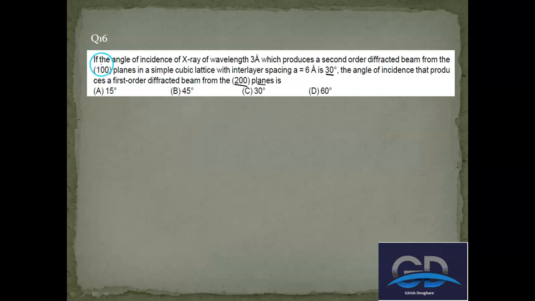So these are basically Miller indices, and Miller indices are just the reciprocal of the intercepts. So h, k, l are the reciprocals of the intercepts. If you imagine a 100 plane, it means that if a, b, c are the intercepts, 1 upon a is to 1 upon b is to 1 upon c would be equal to 1 is to 0 is to 0, which means b and c should be infinity and a should be 1, right?